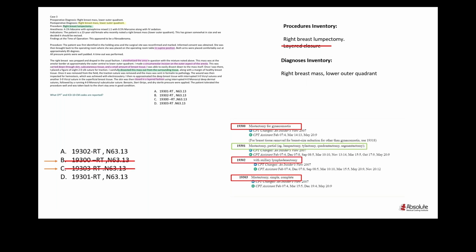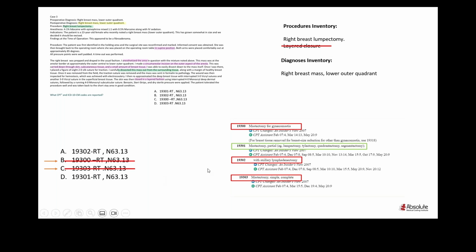And now between option A and option D, option D is coding for partial mastectomy, and you can see in the brackets as well they have mentioned the procedures that are included: lumpectomy, tylectomy, quadrantectomy, segmentectomy. Now let's cross check with the procedure inventory. We had a lumpectomy performed here, and that's also included in code 19301.